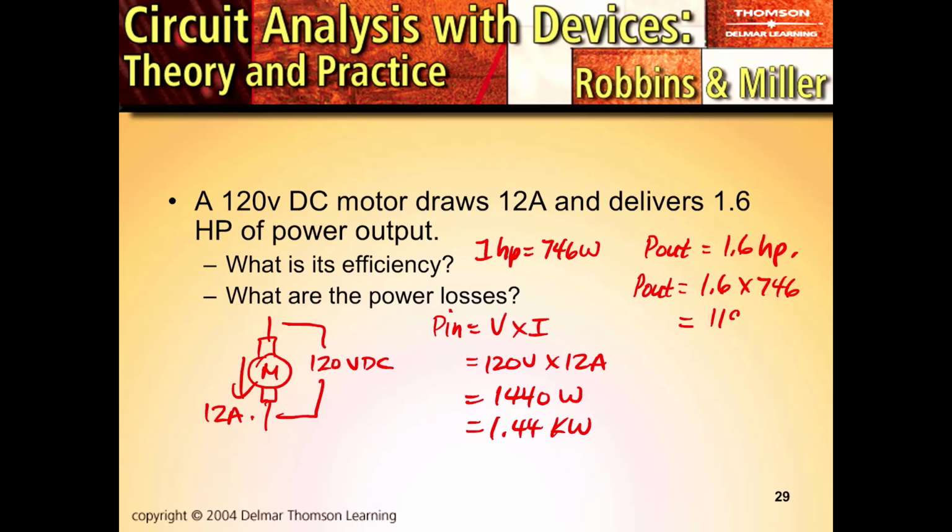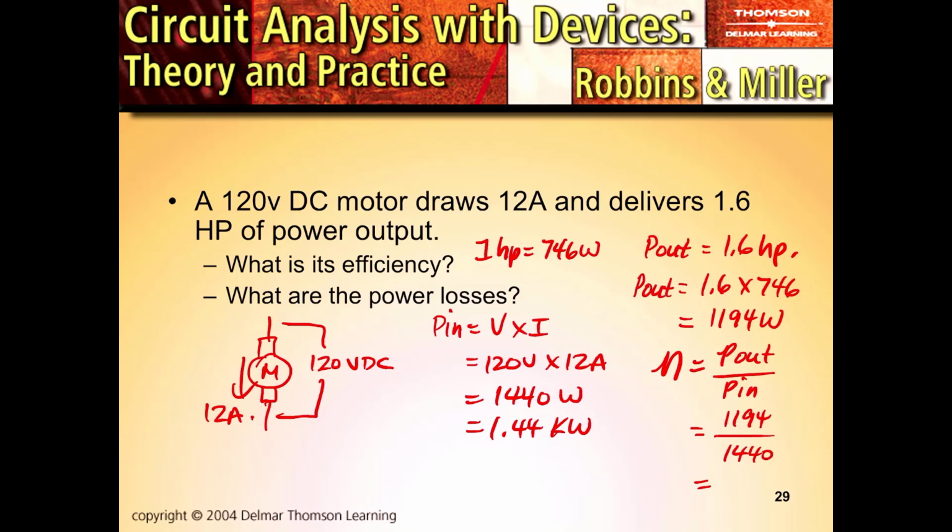So we have 1194 watts. Well, now, if we want to determine efficiency, we know efficiency N equals P out over P in. So with P out as 1194, and P in as 1440, that's going to give us our efficiency.